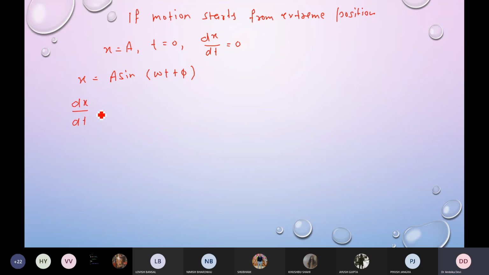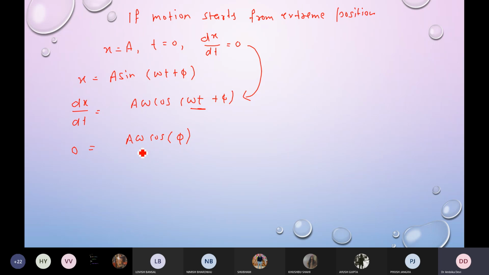So dx by dt is equal to a omega cos omega t plus phi. Now if we put all these values in this equation, dx by dt is 0, this is equal to a omega cos, and t is also equal to 0, so omega t will become 0, and this is phi, right?